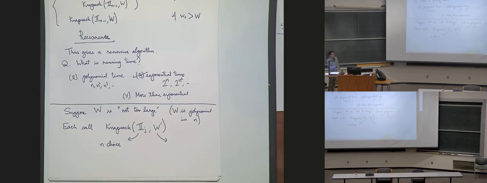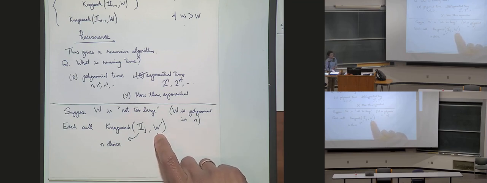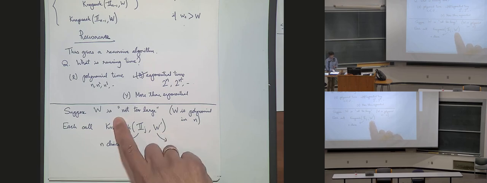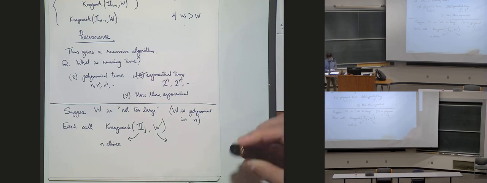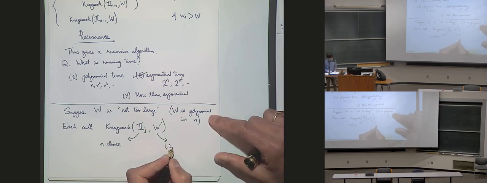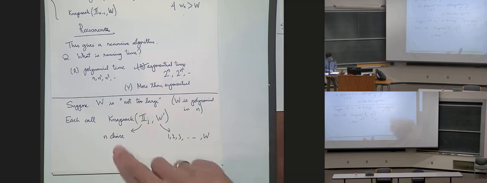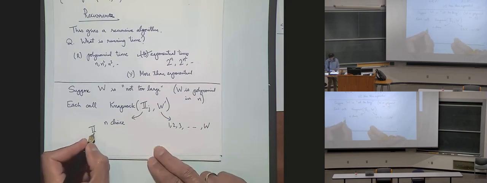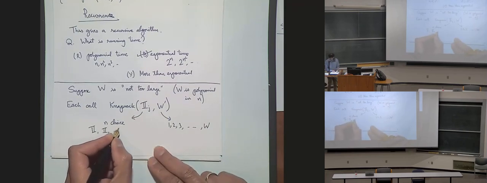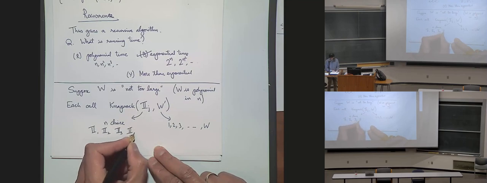How many choices are there for the second argument? What is the maximum value that I could take? Yeah? W. So the only choices for the second argument are 1, 2, 3, going up to W, right? This is an integer. So the choices over here were basically I1, I2, I3, up to In.